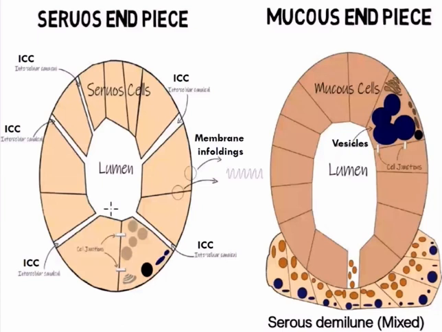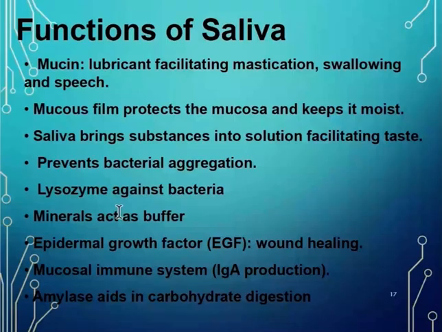We have also mucin and minerals. Also, we have peptide growth factors like epidermal growth factor and nerve growth factors. They are mostly found in the submandibular gland, and we don't know exactly, but they might help in maintaining wound healing and epithelial integrity.